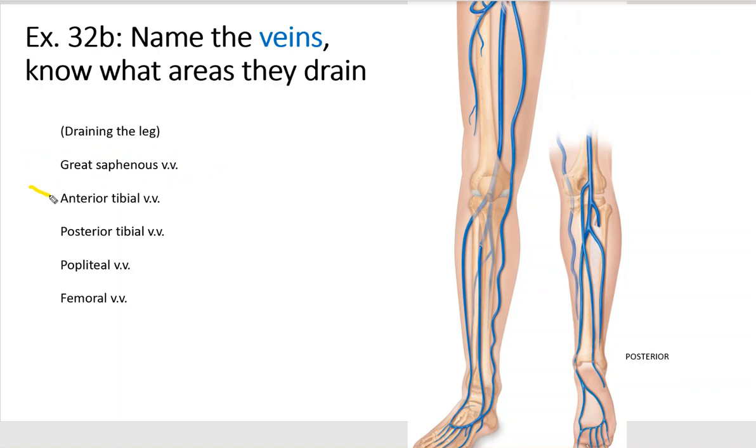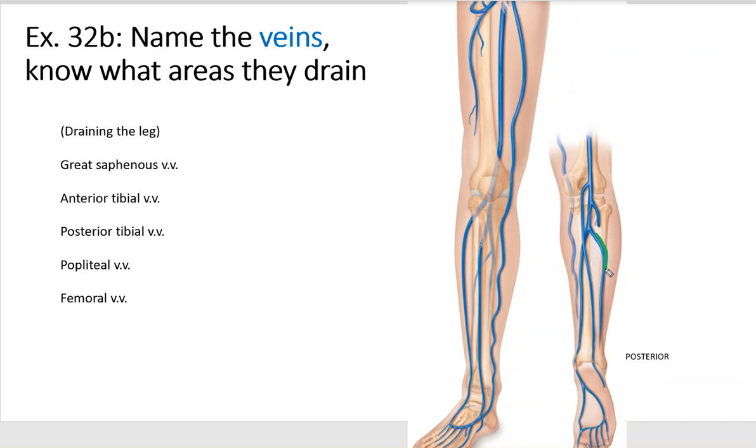Anterior tibial, all of these are going to just mimic the arteries. And so we've seen all of these before. Anterior tibial is the first branch that will drain into the popliteal, right? Posterior tibial is the rest of that big tibial vein that's kind of draining from your dorsalis pedis. And once again, I forgot fibular. I don't know what I did today to forget the fibular vein.